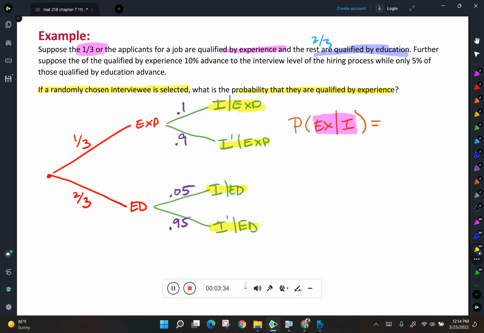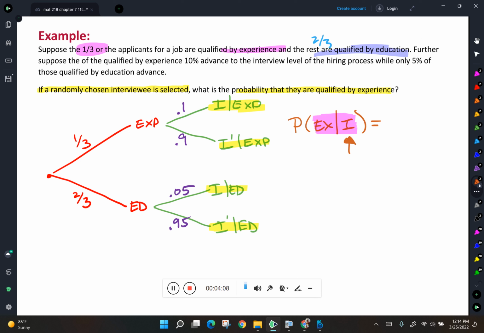All of the information that we know in this tree diagram about the interview process is given based on whether they did or did not have experience. And now they want us to flip the script and say, what's the probability that someone who made it to the interview process, so we know that they got interviewed, got there by experience? Now the incorrect assumption would say that's 10%, but it's not. So let's take a look at what that's going to be.